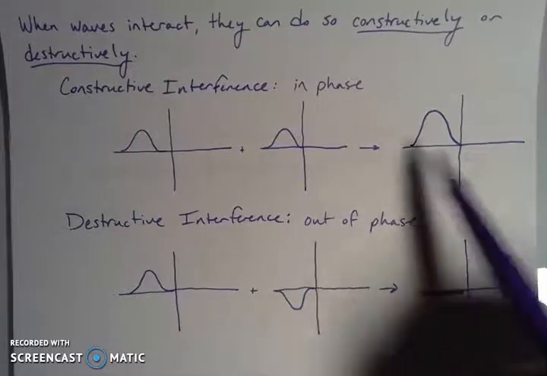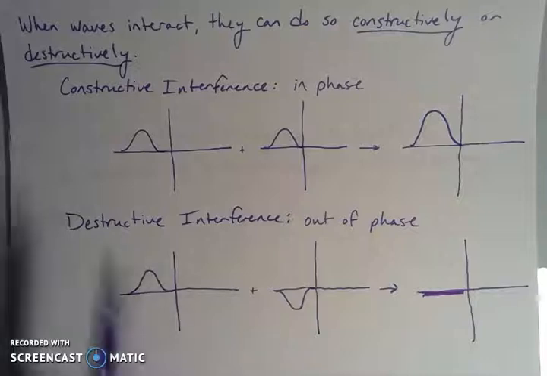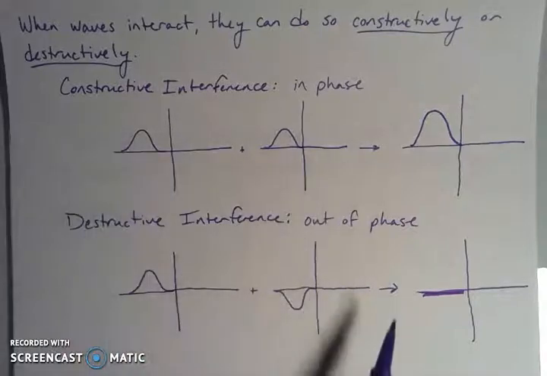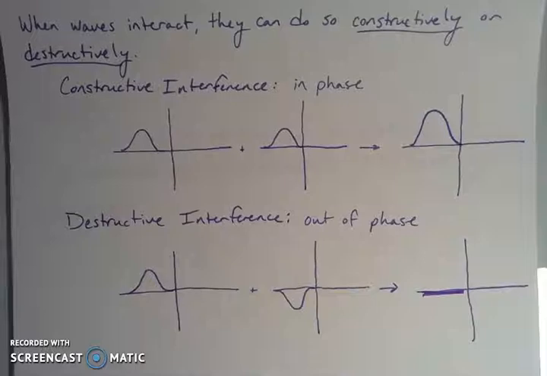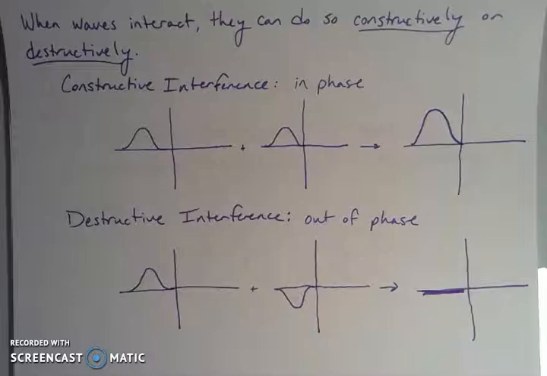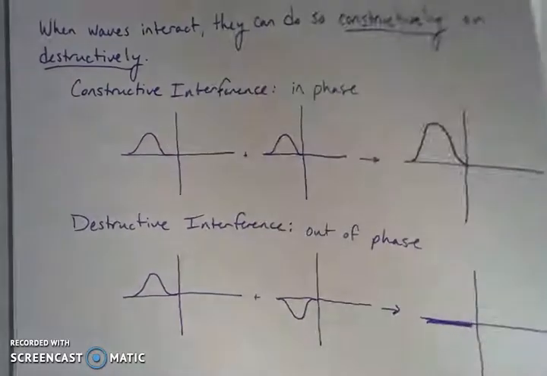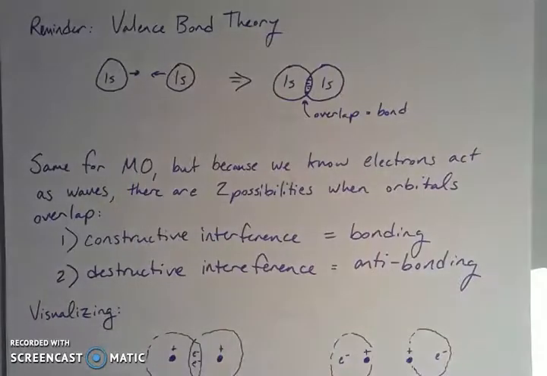So I either end up with something that's quite large, or nothing, or somewhere in between. This is exactly in phase, exactly out of phase. You can have other combinations of that, but for our purposes and our understanding of this model, let's just focus on the in phase and out of phase. Okay. So far so good. Let's relate this to what we're talking about with atomic orbitals then.